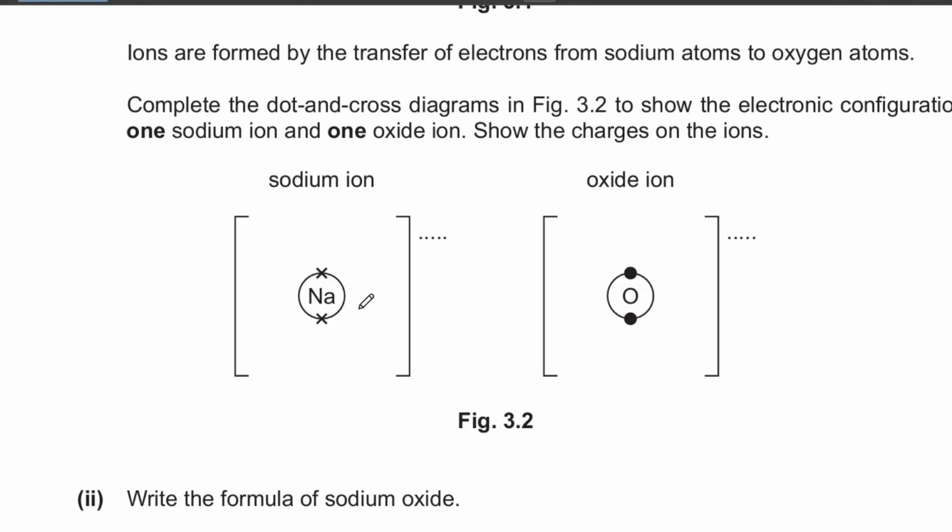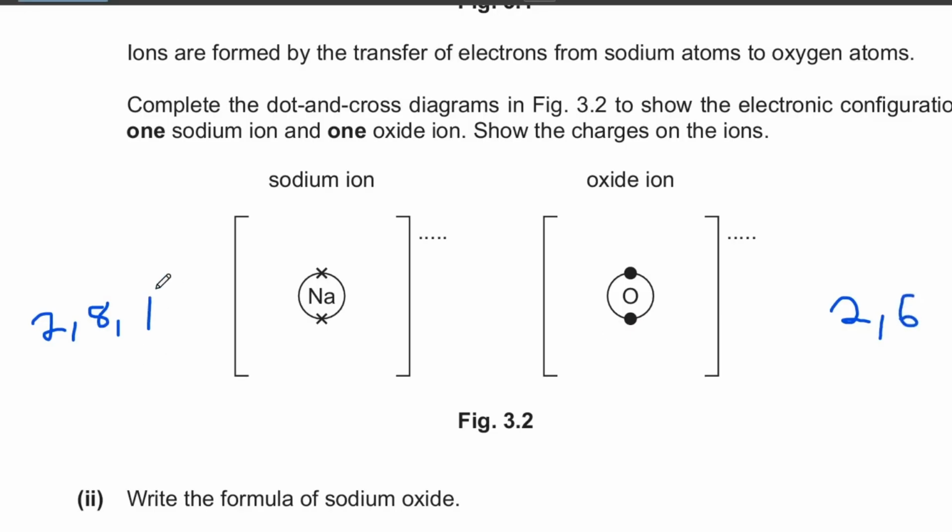So the structure of sodium with 11 electrons will be 2, 8, 1: 2 in the first shell, 8 in the second, and 1 in the third. Oxygen has atomic number 8, so the number of electrons is 8 also. So the electronic structure will be 2, 6: 2 electrons in the first shell and 6 in the second.